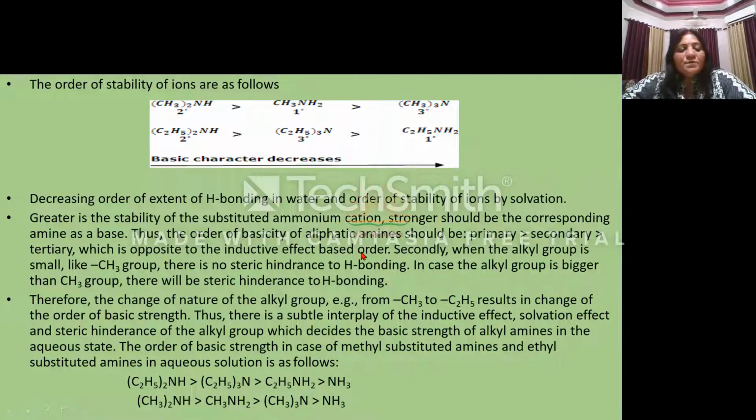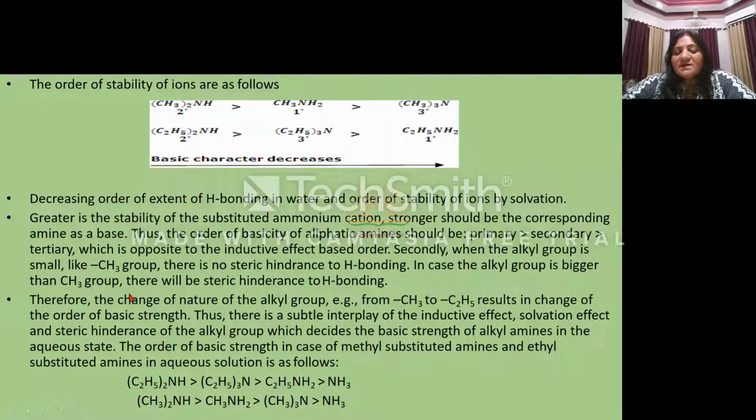Secondly, when the alkyl group is small like methyl group, there is no steric hindrance to the hydrogen bonding. In case the alkyl group is bigger than the methyl group, there will be steric hindrance to the hydrogen bonding. Therefore, the change of nature of the alkyl group, for example from methyl to ethyl, results in change of the order of the basic strength.